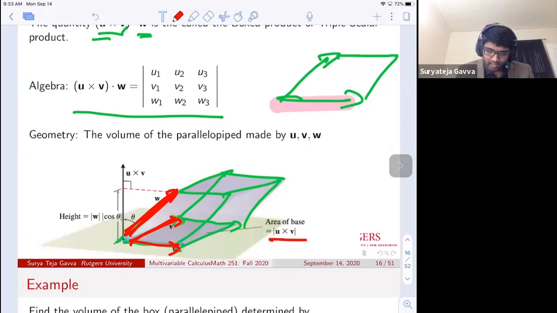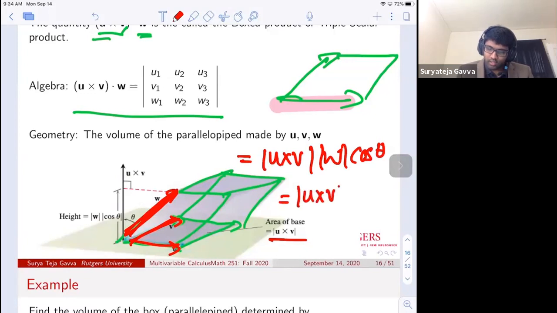So the volume is the area of the base, which is u cross v, times the height, which is w cos theta. Exactly, if you write it down, this is just the magnitude of u cross v dot w.